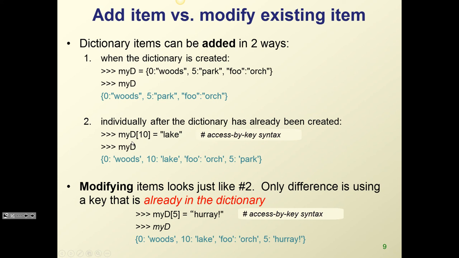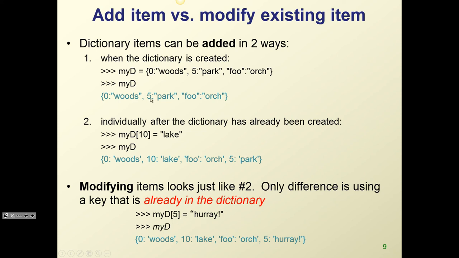Because we use access by key notation and it doesn't have that key yet, it will create a new item with that key. Modifying an item that's already in the dictionary looks very much like that. You also just say the key that you want to use and the value that you want to give it.